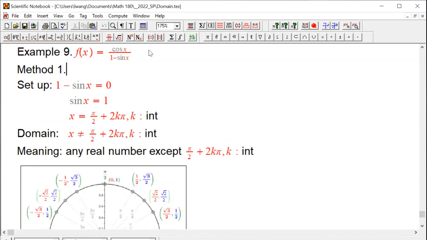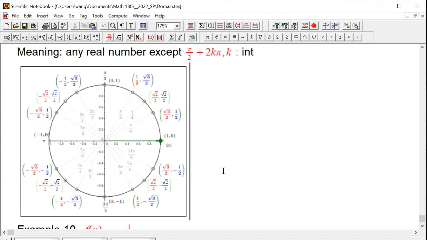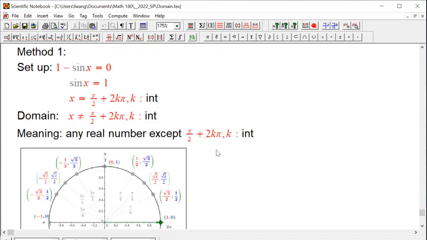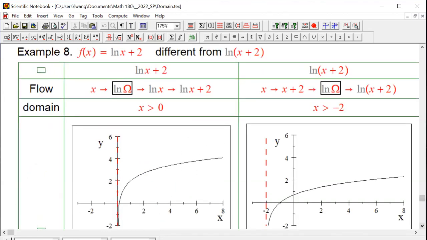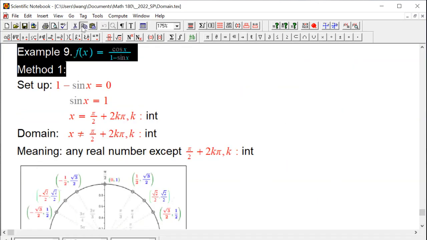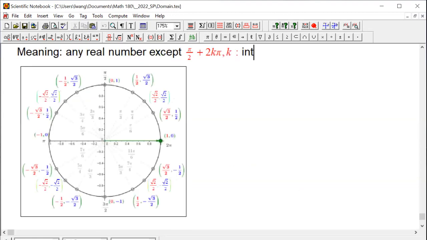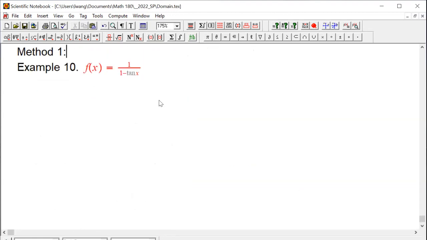I do want to talk about the other method. The second method to set up for the same question actually has a little minor difference, right?